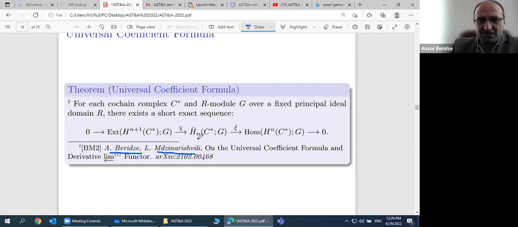As I mentioned, this is not a new result, but this is essential for our case because the cochain complex is non-free, and somehow we construct homology theory of this cochain complex such that we have universal coefficient formula. Here are the cohomology groups, and here are the homology groups, and we have universal coefficient formula.